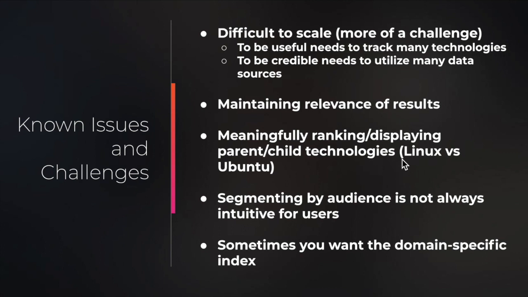But Linux is essentially the parent of Ubuntu and those other flavors of Linux. So we are working on a better solution so that we can rank that better and display it better. But right now, that is definitely something that people do notice and have mentioned and that we know about.